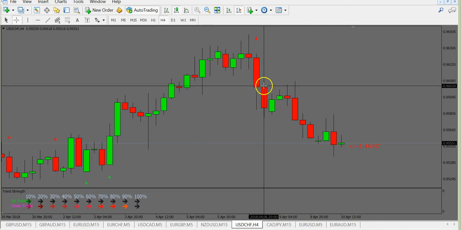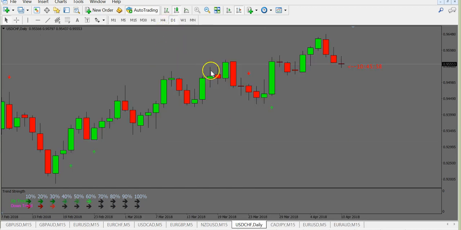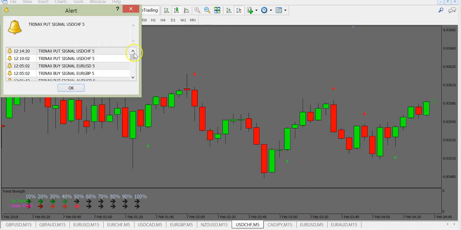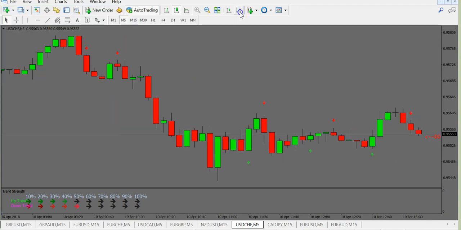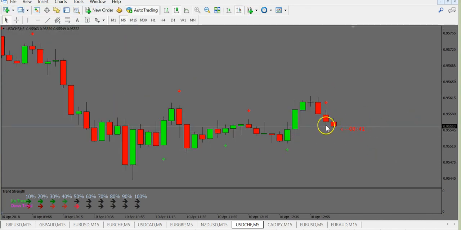But if we had taken this in forex, we would have 70 pips, 18 pips. Or let's say daily. If we had taken this here, it's not so much, 30 pips, or here also 30 pips. It depends. So let's go back to our 5 minutes.